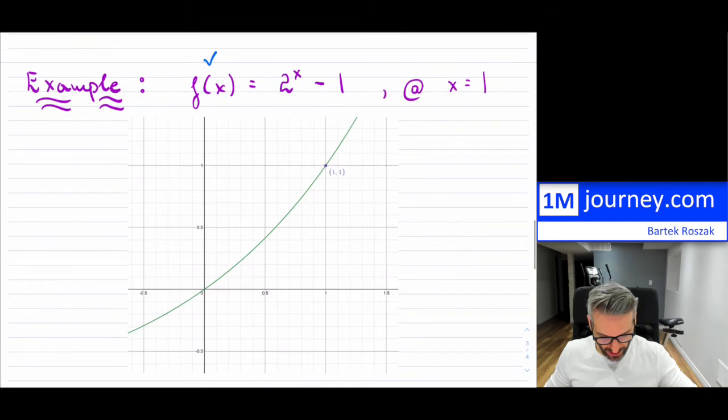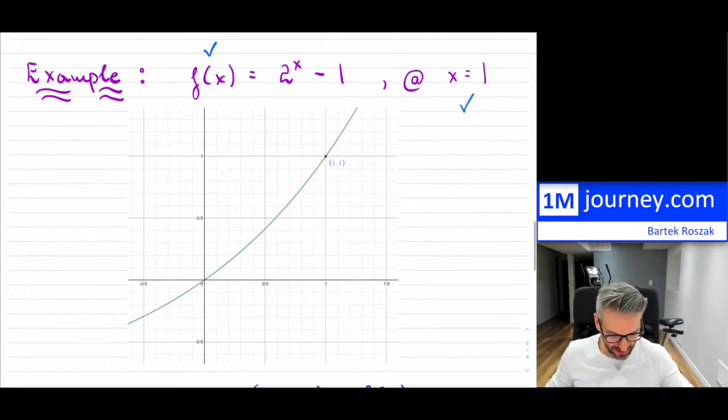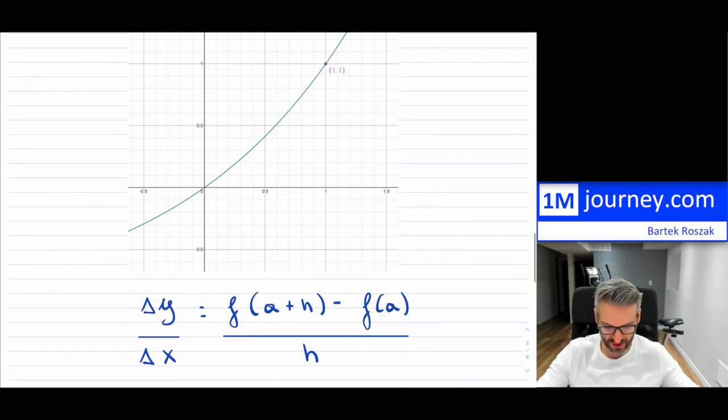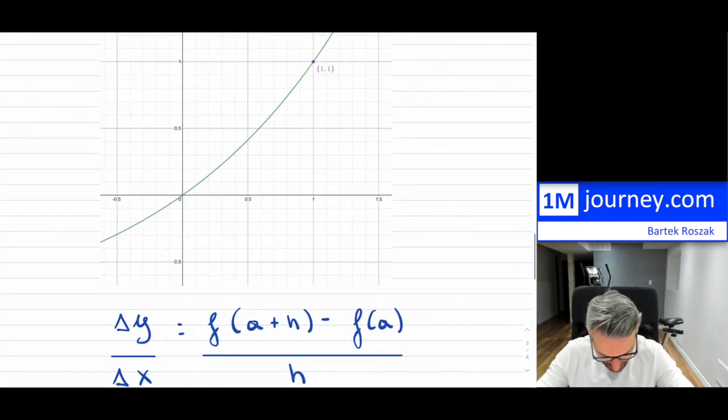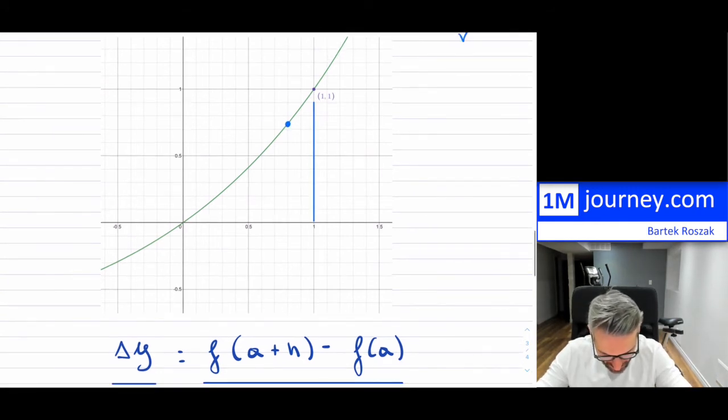Our a, the point we're trying to find the rate of change at, is this. And if I use this difference quotient, it's going to look kind of like this. So this is my a right here. And then what I'm going to do is, let's say, on both sides. Something like that.